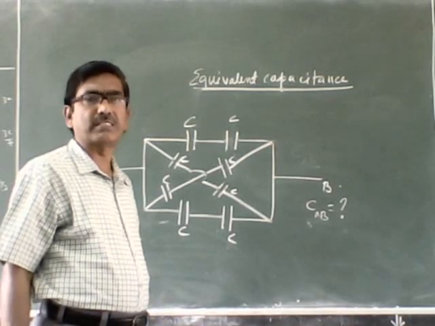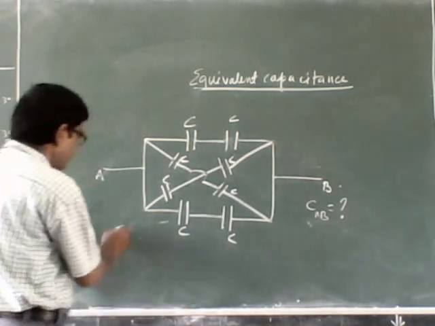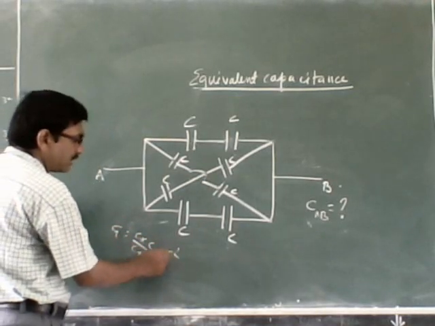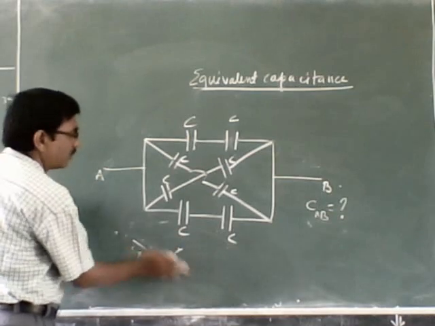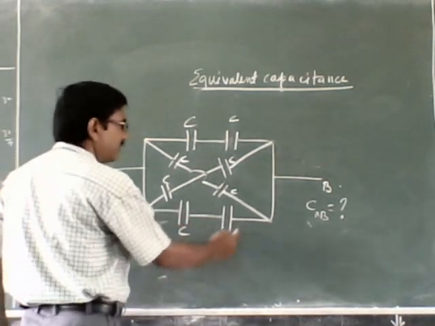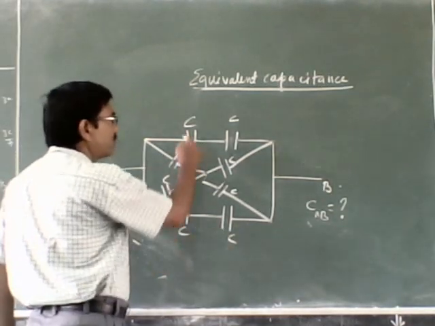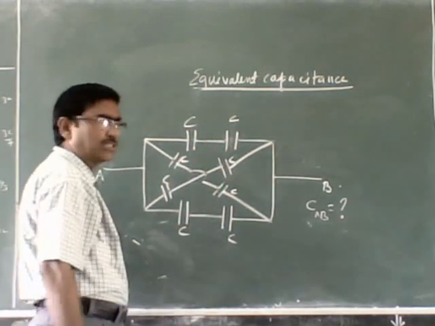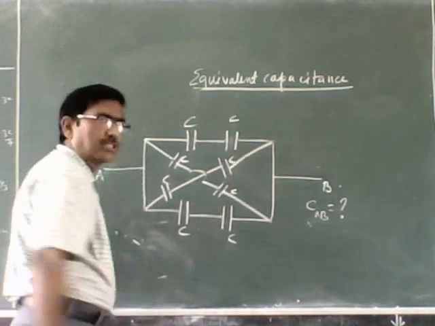C into C by C plus C, that means C square by 2C, that is C by 2. So the equivalent capacitance of this is C by 2, of this is C by 2, of this is C by 2, and of this is C by 2.